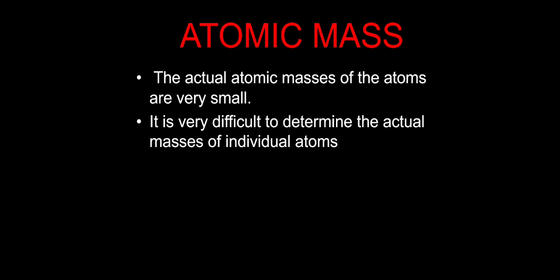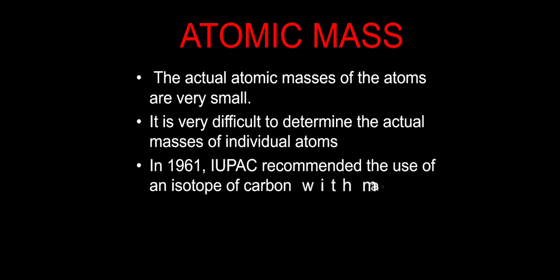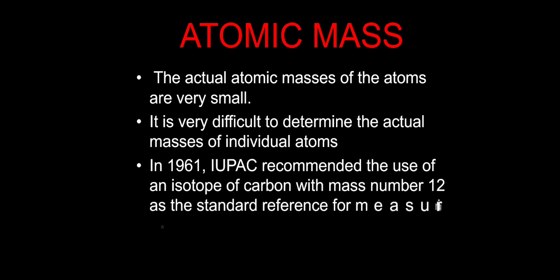Now the big question was, what should be that reference element with which we compare the atomic weight of the other elements? In the quest of finding the reference, in 1961, IUPAC recommended the use of the isotope of carbon with mass number 12 as the standard reference for measuring atomic mass.